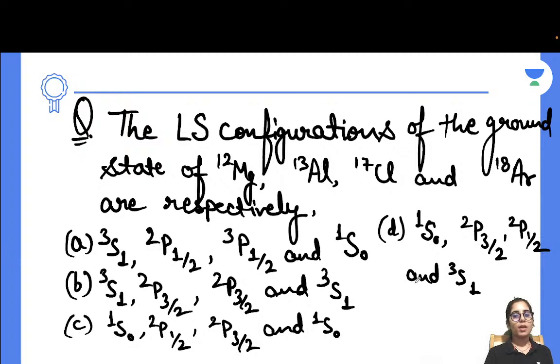That's what you have to find. Whichever is the right answer according to you, you can mention it, guys.